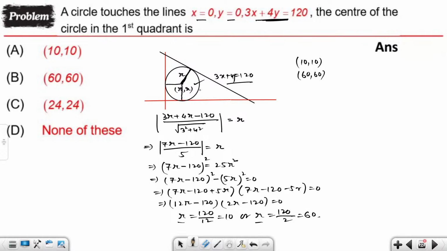One is the circle which is shown here, and another circle will be somewhere here, which is touching the y axis as well as, my diagram is not perfect, but you can understand. It is going to touch this line as well as it is going to touch this line, and that circle will be formed. So that circle will have its center at 60, 60, and this circle is having its center at 10, 10. So two such circles in the first quadrant are possible. Is it clear? Hence option A and B are correct.